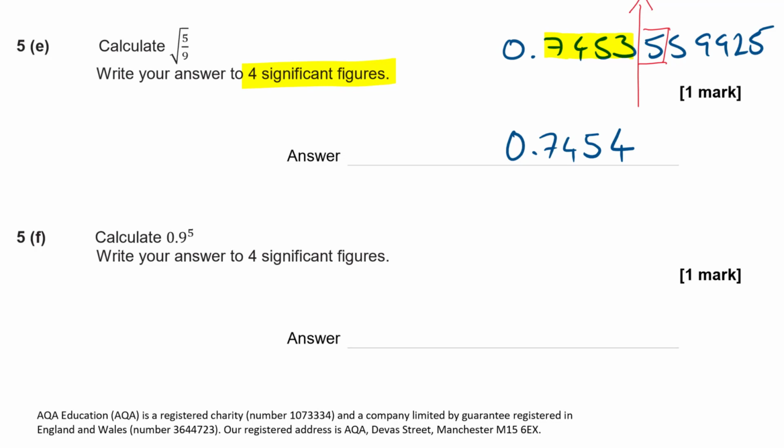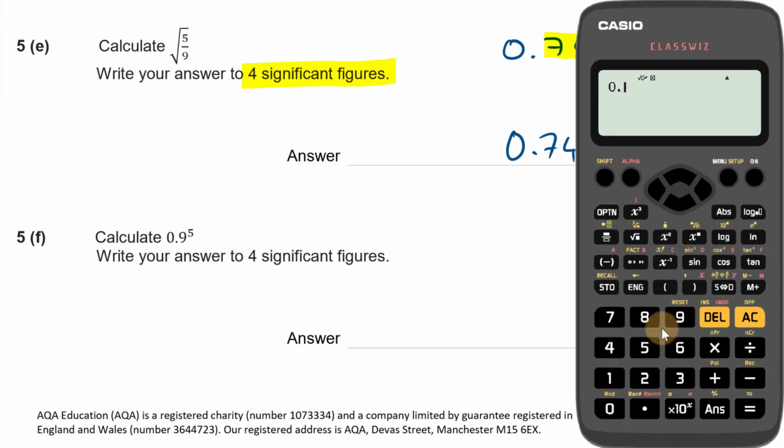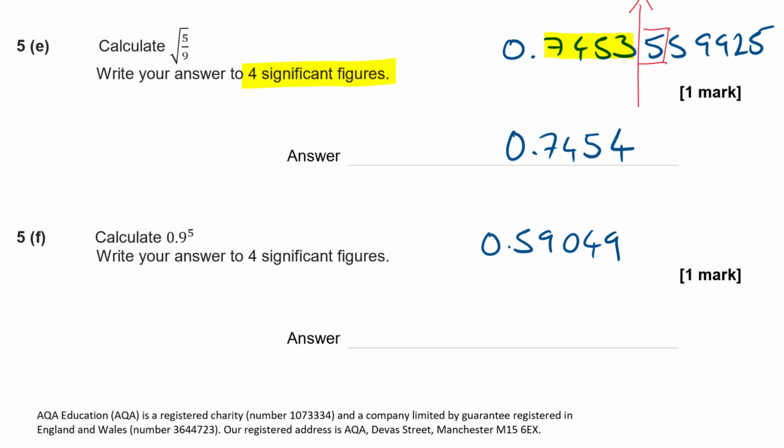Okay. And then I've got calculate 0.9 to the power of 5. So on my calculator, 0.9, there's a power button here, to the power of 5. That comes out to be 0.59049. Okay, so what do I have to do with this one? Round to 4 significant figures.